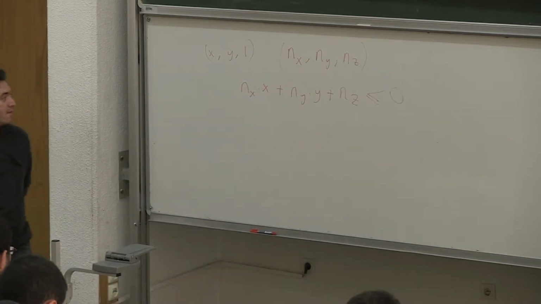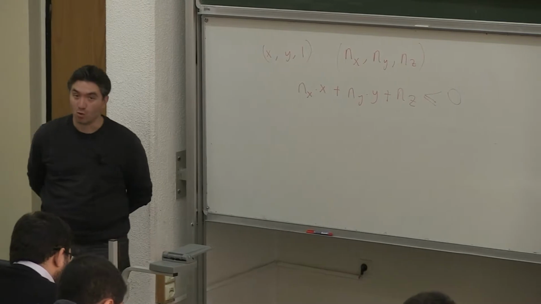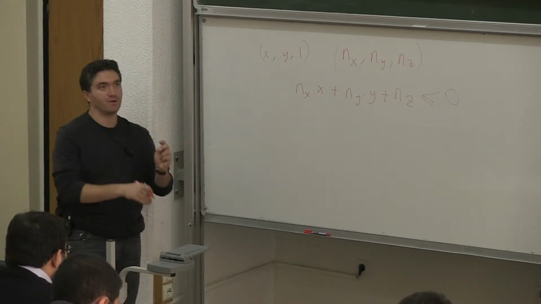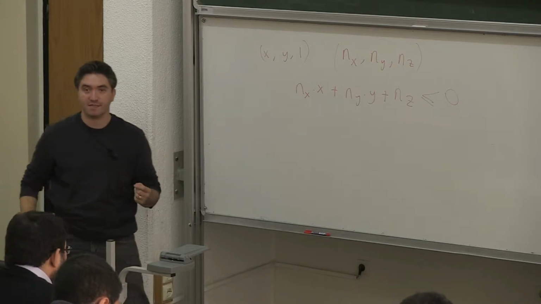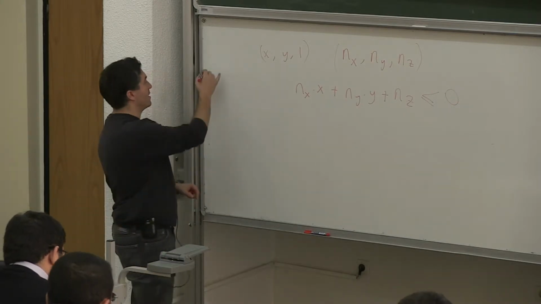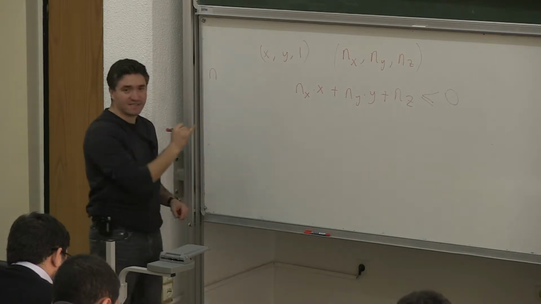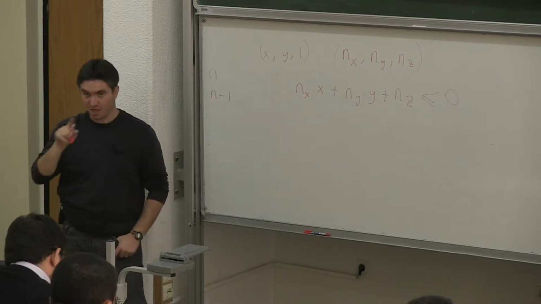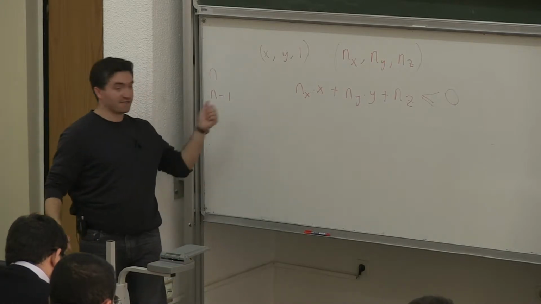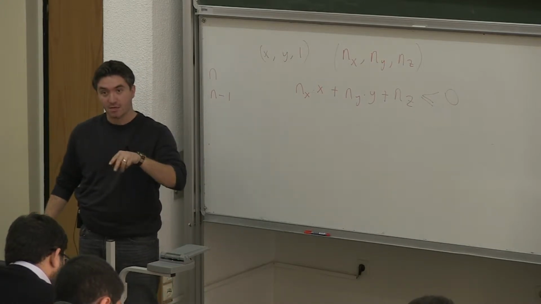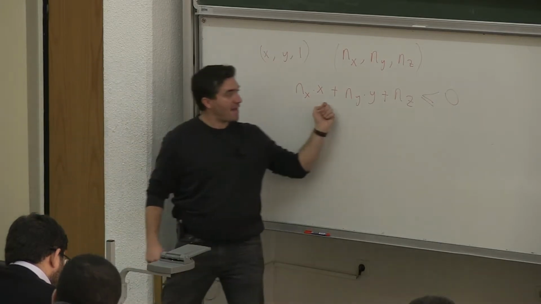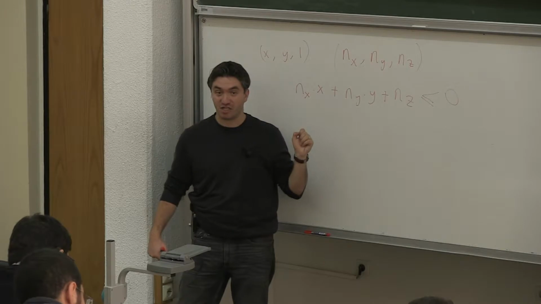Okay, now for a given mold, for a given top face, for a given mold of an object, what we have is, if the object has n faces, the mold is going to have n minus 1 inner mold faces. One of the faces is going to be the top face. So for these n minus 1 faces, we are going to have n minus 1 equations like this.